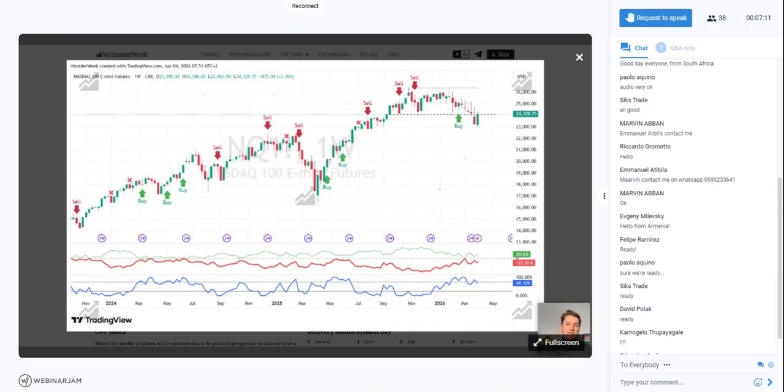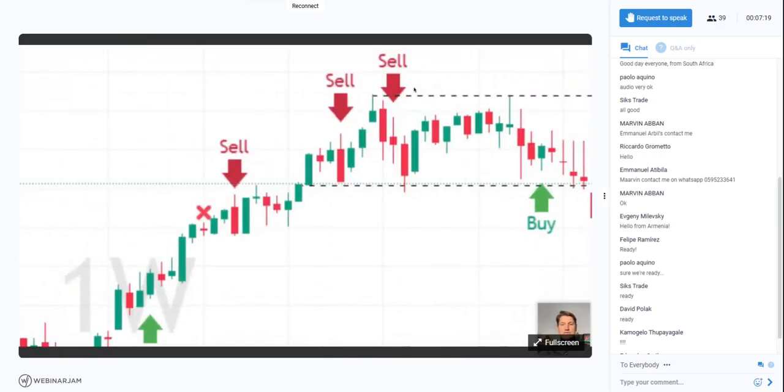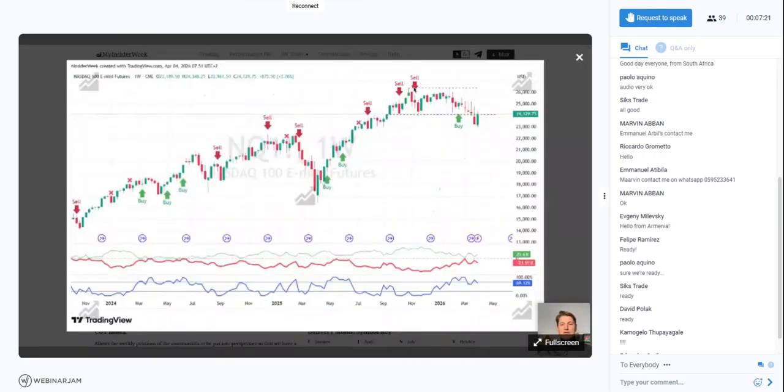Then, as the next step, I look at COT data and see on which levels we have COT signals. In combination, I get better results than using only COT or only technical analysis.